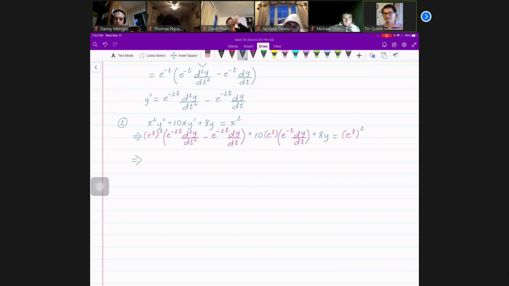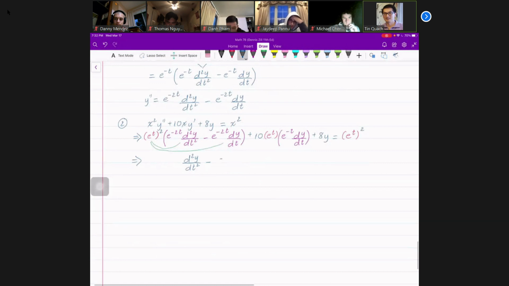So when you multiply these two out, you're going to get the second derivative, just that. When you multiply these two out, you have dy dt.